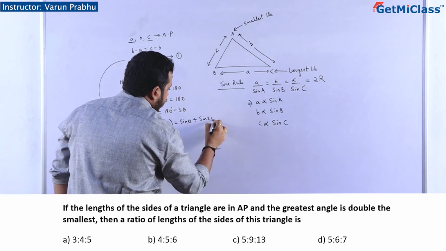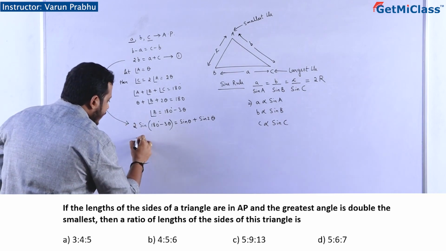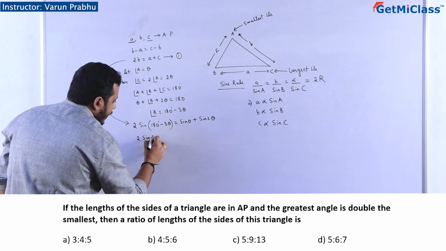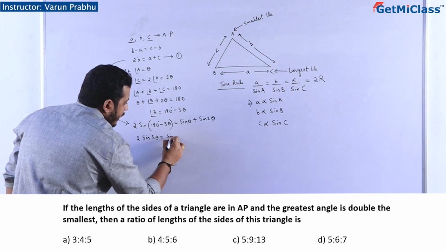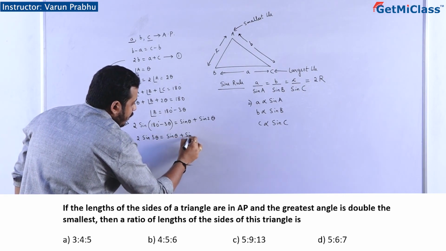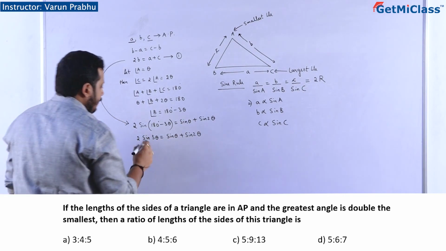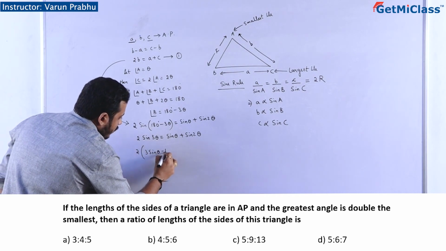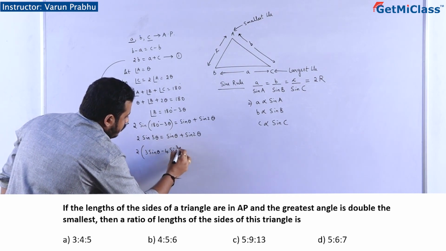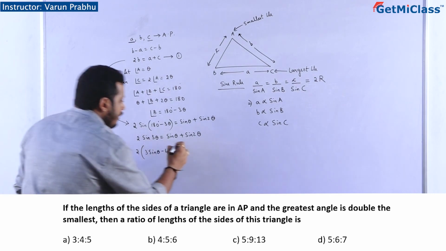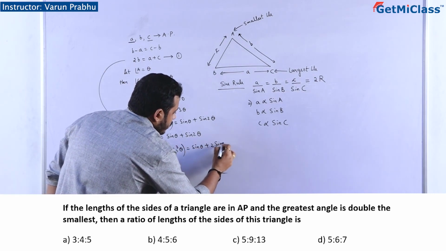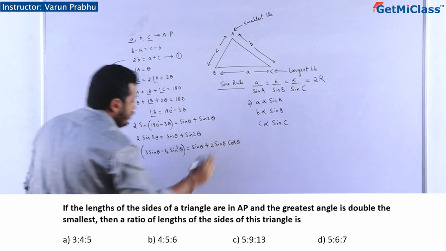Sin of 180 degrees minus 3 theta falls in the second quadrant, so sin 3 theta is equal to sin theta plus sin 2 theta. So 2 times 3 sin theta minus 4 sin cube theta is equal to sin theta plus 2 sin theta cos theta. Now slowly the problem is going to trigonometry.